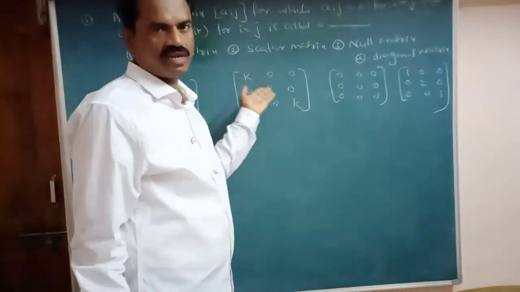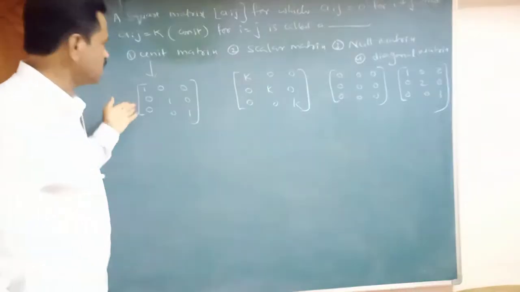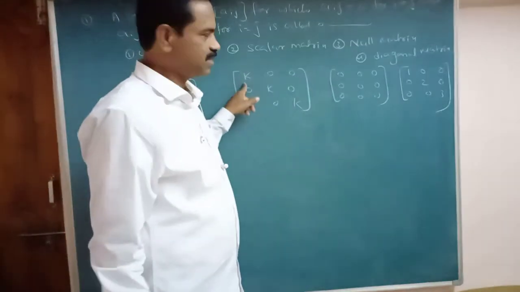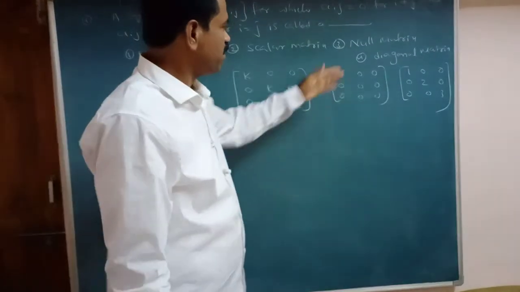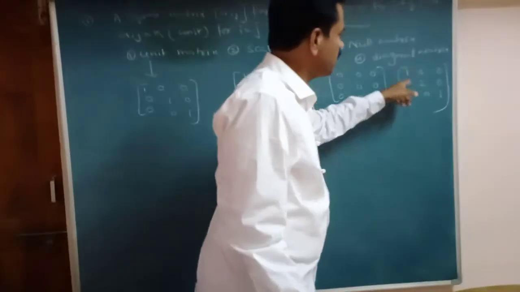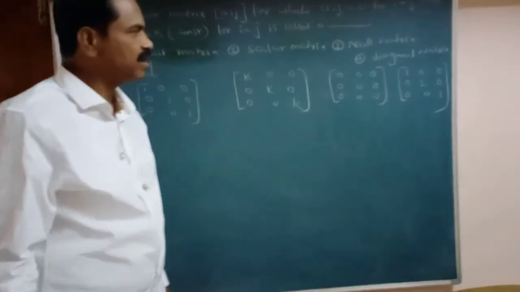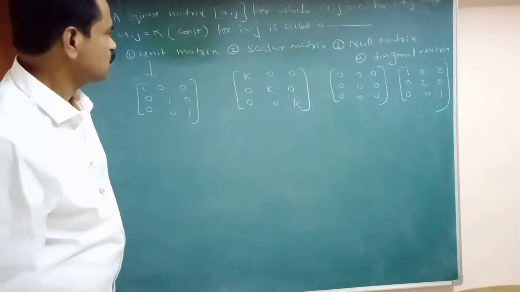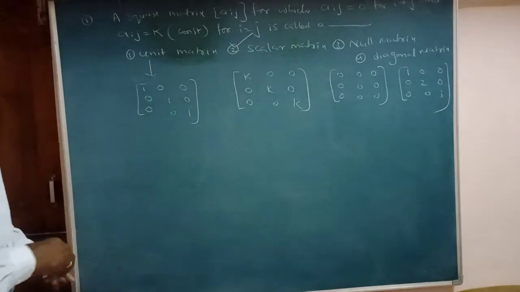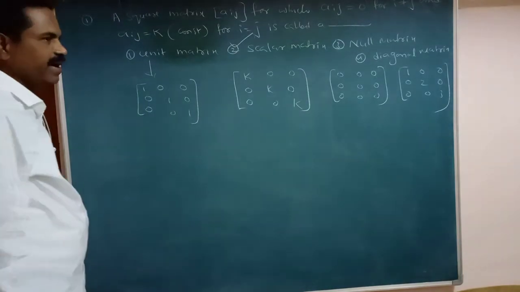If k equals 1, it is a unit matrix. Other than 1, it is a scalar matrix. Null matrix means all are 0. Diagonal matrix means the diagonal elements may not be constant, like 1, 2, 3. So which option is correct here? Scalar matrix.